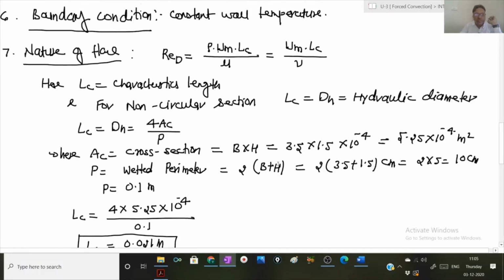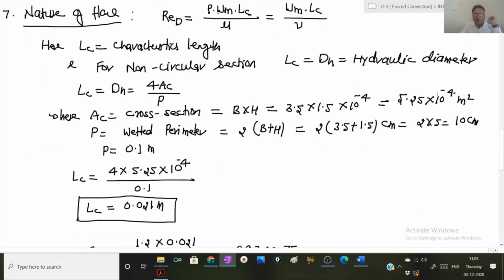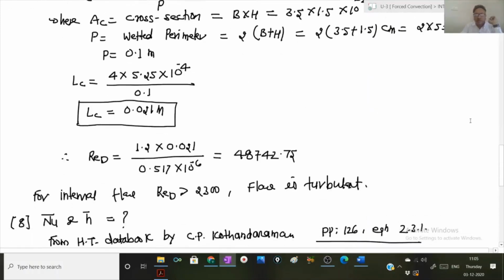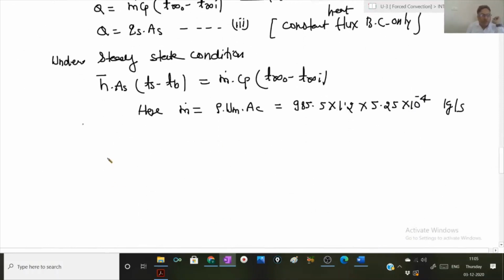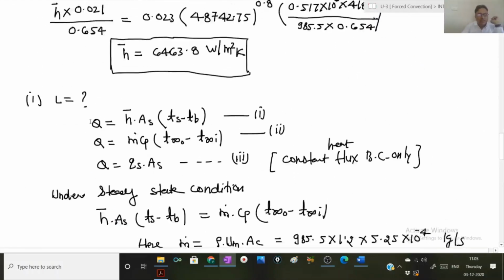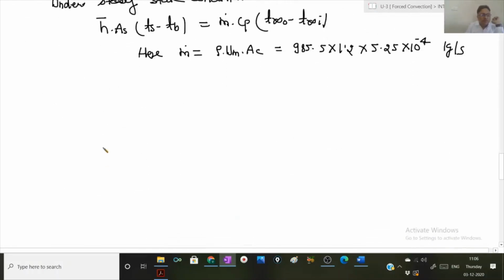So cross sectional area is 5.25 into 10 to power minus 4 meter square. So let us put all these values. The value of h bar is 6463.8.